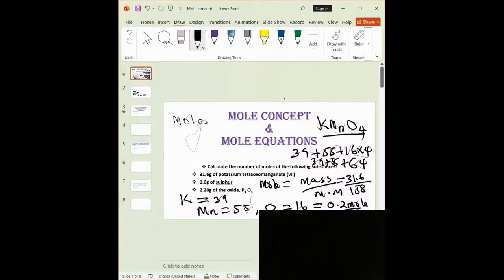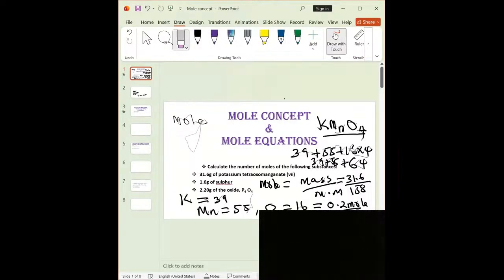When you sum up everything together, we have 158, and then you put it back into the equation. That will be 31.6 over 158, which gives you 0.2 mole. That is, when you take 31.6 grams of potassium tetraoxomanganate, it is 0.2 mole.